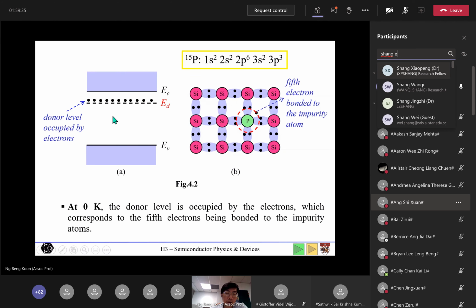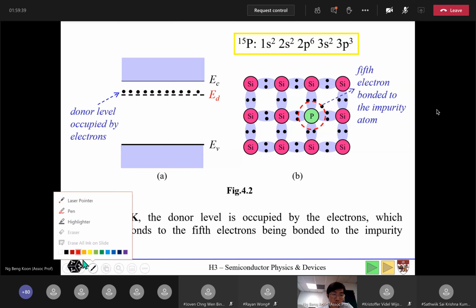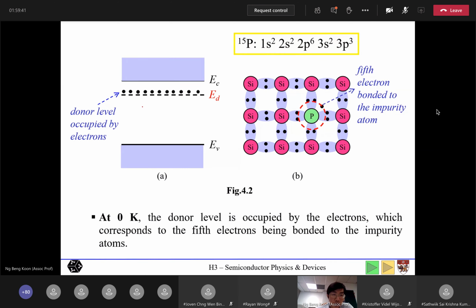In this diagram, we draw multiple electrons there, and this illustrates multiple phosphorus atoms in the crystal. Each phosphorus atom will have one loosely bound 5th electron, and each of them corresponds to one of these electrons that we draw in the band diagram. So at 0 Kelvin, everybody sits there.